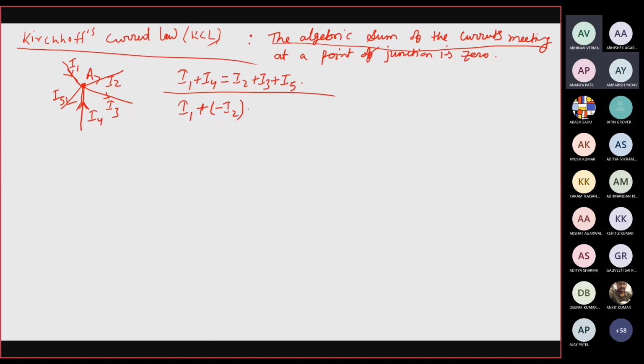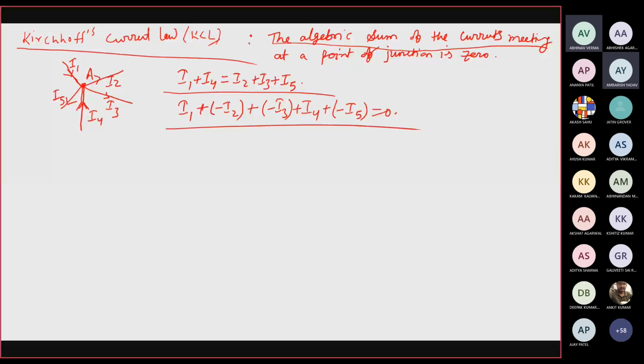Then plus I3, plus I4, minus I5 will be equal to 0. So both are the same thing, the same result you will get. That is, incoming currents will be equal to outgoing currents. This is the statement of KCL, right?